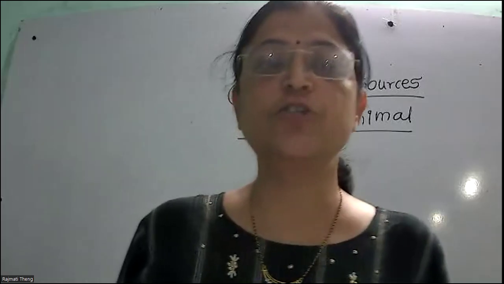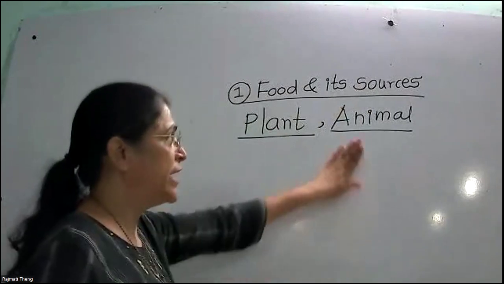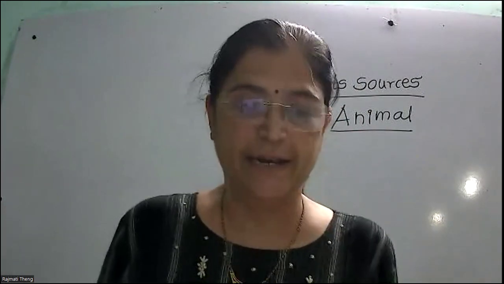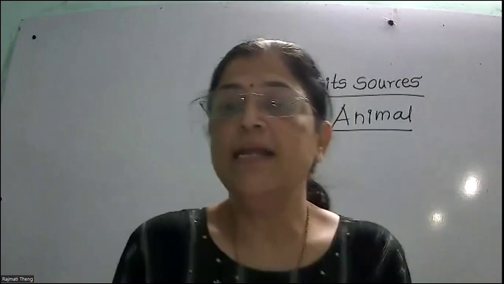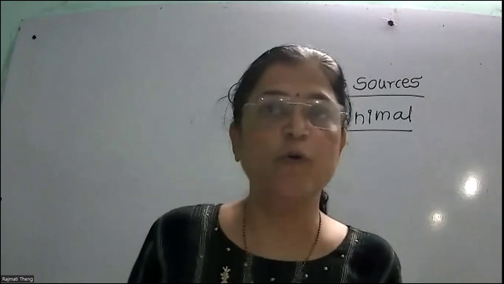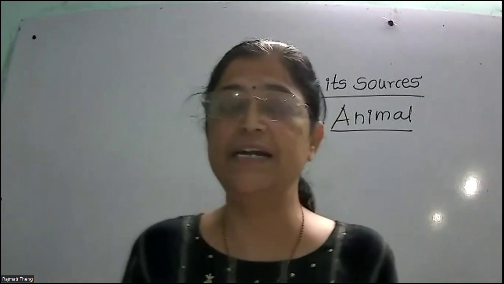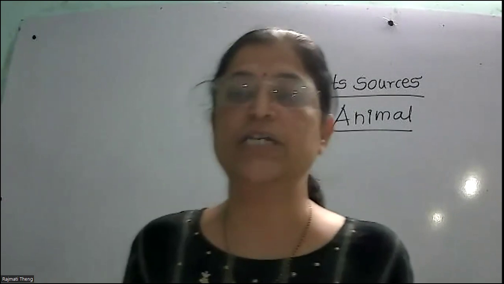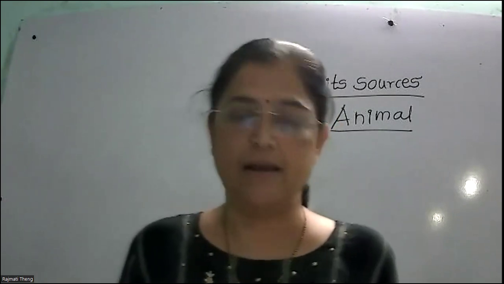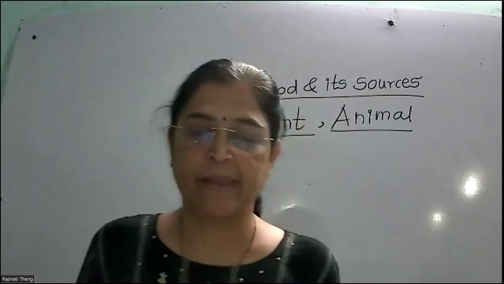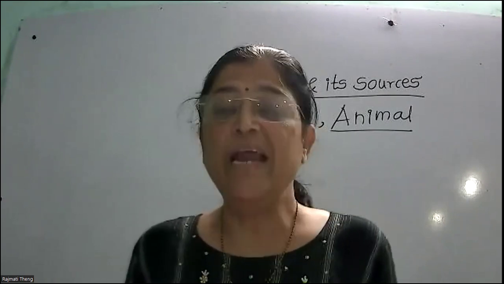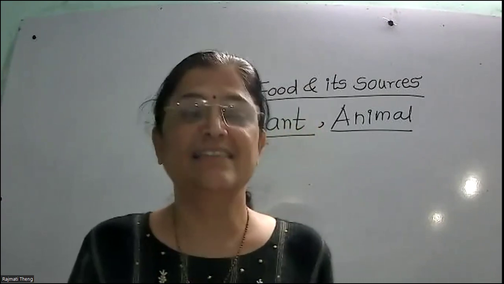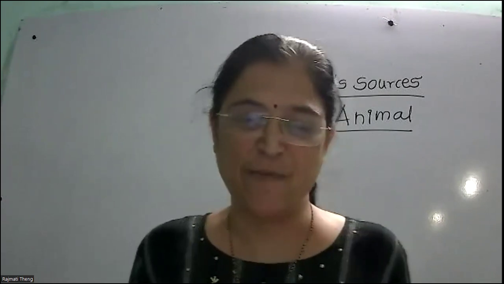Next, we obtain food from the other source, that is animals. Animals also provide us a variety of food products such as milk, meat, eggs, honey and fish. Milk-giving animals are called milk animals.